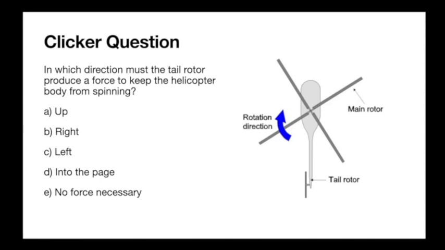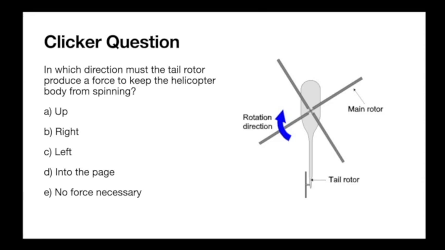And we don't want the cabin, like the body of the helicopter, to spin, right? We want the blades to spin and the helicopter to stay not rotating. So if we want that to occur, what direction of force does this tail rotor need to provide in order to allow that to happen?